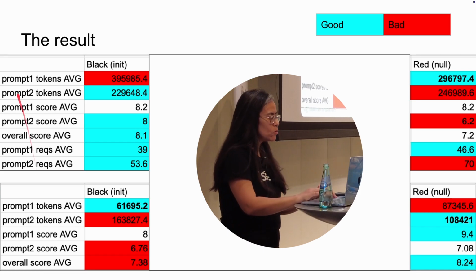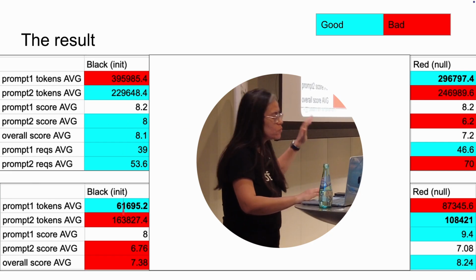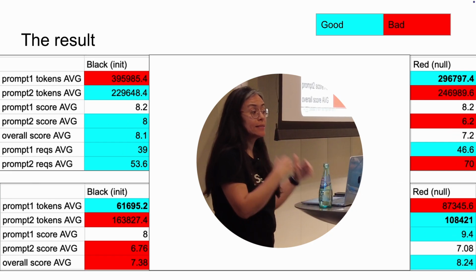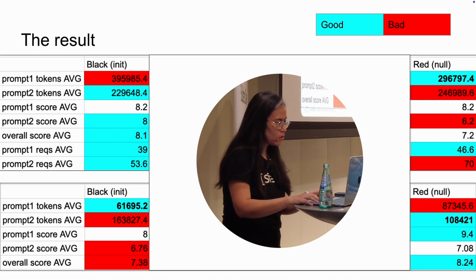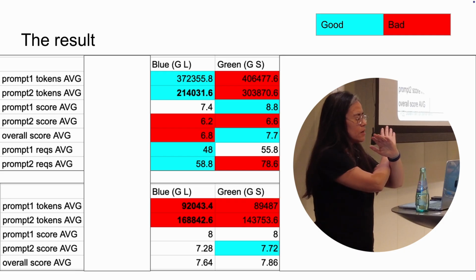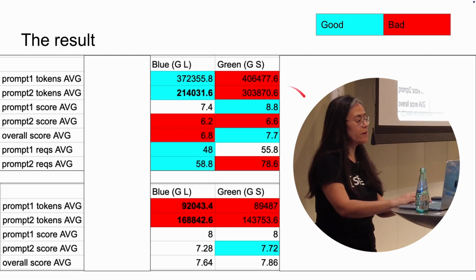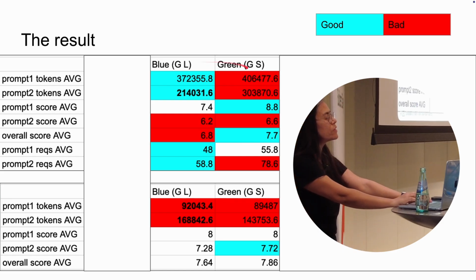Yes, so okay, this was for the version with the init and the version where I didn't have a context file at all. So, opposite results right there. And we can compare the blue and green versions, which were related to the comprehensive Google one, and this one was the small Google one.